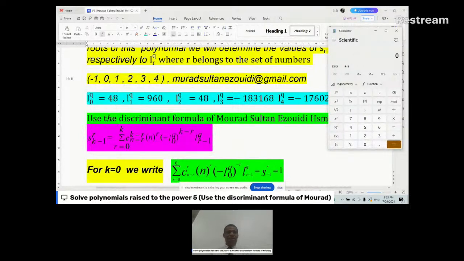But Mourad Sultan Ezouidi, the Tunisian mathematics teacher, has really discovered so many things, and now he is solving polynomial equations using his own theory.